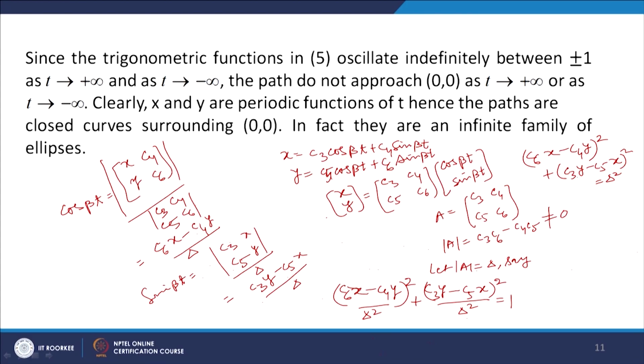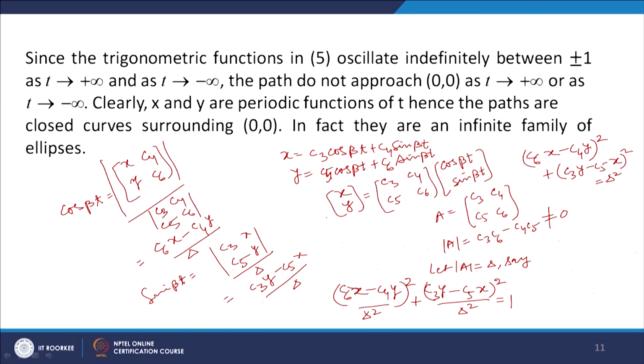Now, this second degree equation in x and y will represent an ellipse if, say, the coefficient of xy is b, the coefficient of x square is a, and the coefficient of y square is c, and b square minus ac is less than 0. So, let us look at the coefficient of xy that we get from here. This is (a minus b) whole square, so a square plus b square minus 2ab.